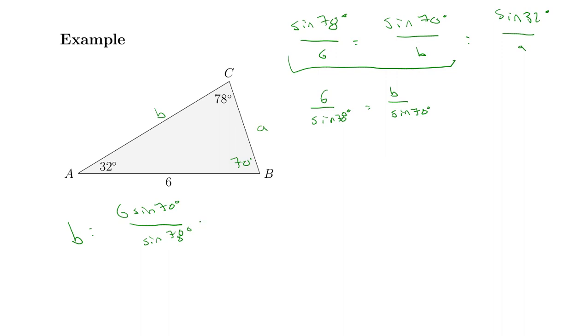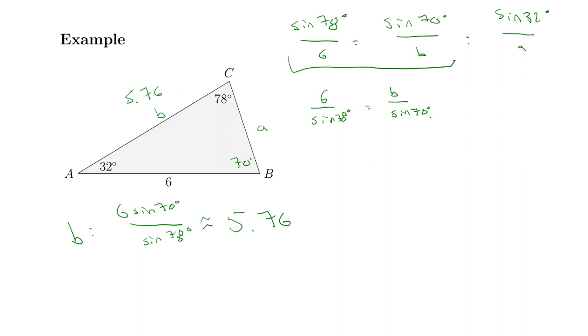And if you have a calculator, make sure that it's in degree mode. I actually have one this time. 6 sine 70, and I'm in degrees, divided by sine of 78. I've got that this side length is right around 5.76. So that's what this side length here is, 5.76.